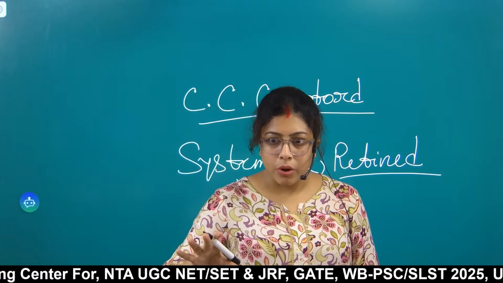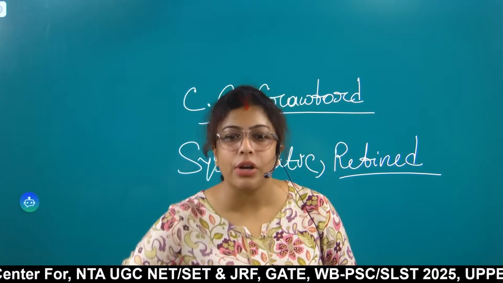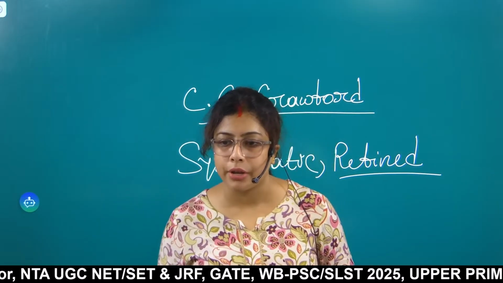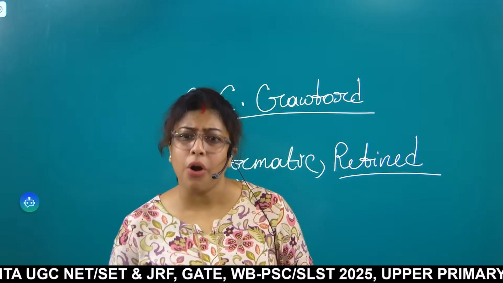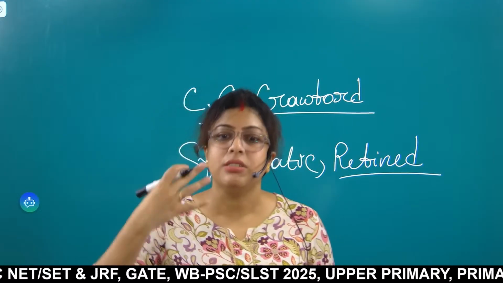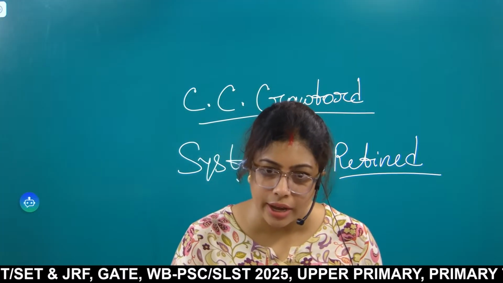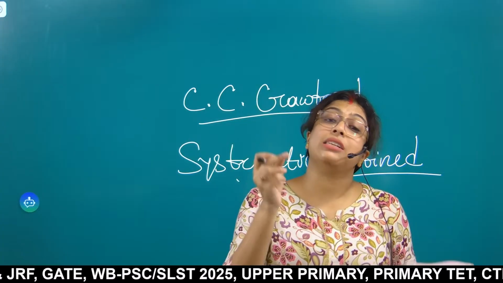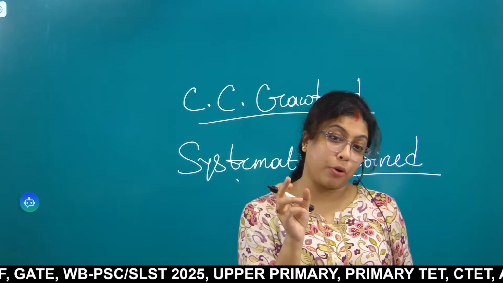Because if that impurity remains, it may destroy the whole research process. Okay, so you need to be systematic, you need to be refined in the way you are thinking, right? Employing specialized tools. So very important.